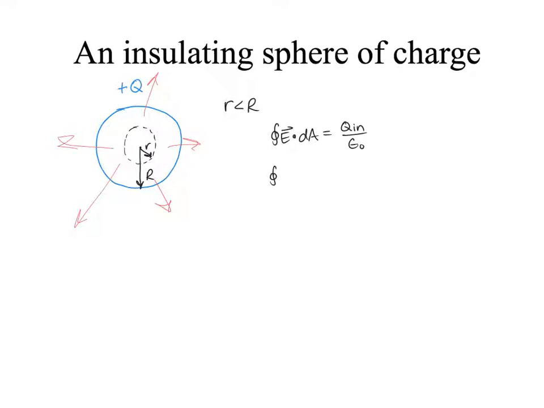I've chosen my surface so that the electric field lines and the area vector are parallel to each other. So this just becomes E dA. The electric field is constant on my surface, so it comes outside of the integral.